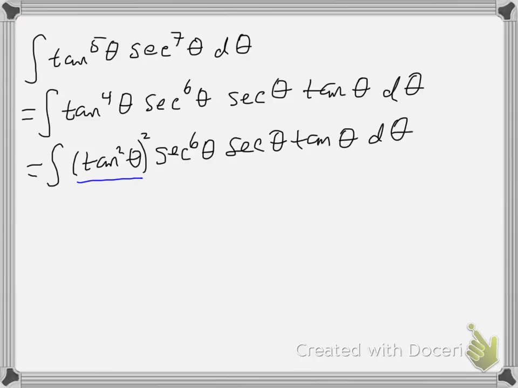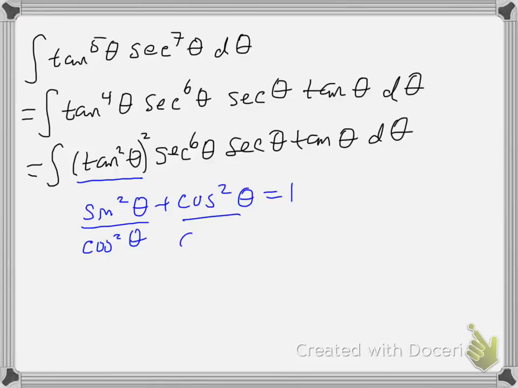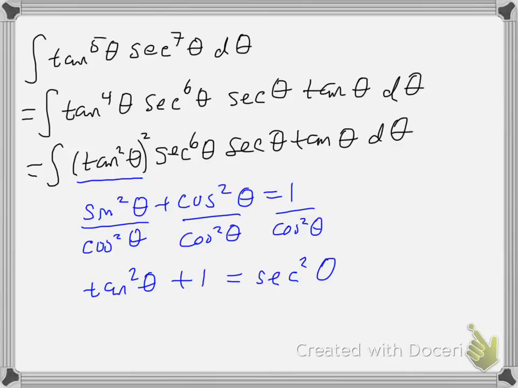If you remember the identity that says sine squared of theta plus cosine squared of theta equals 1, out of this, if we divide by cosine squared of theta, we're going to get that this becomes tangent squared of theta plus 1 equals 1 over cosine squared, which is simply secant squared of theta.